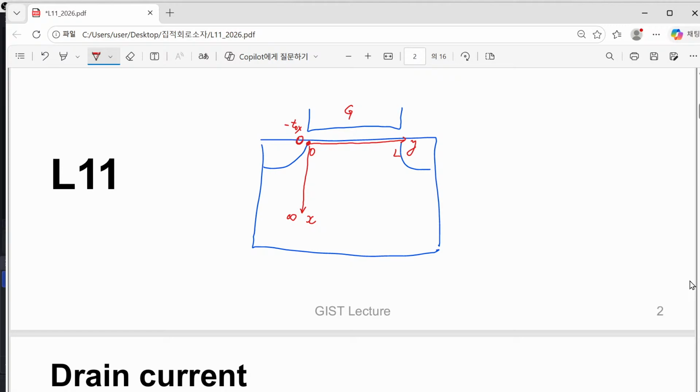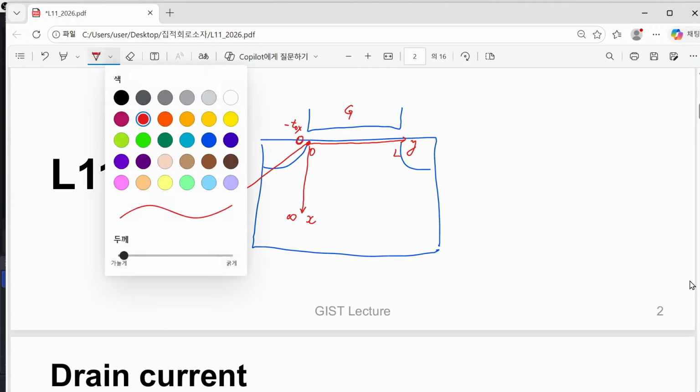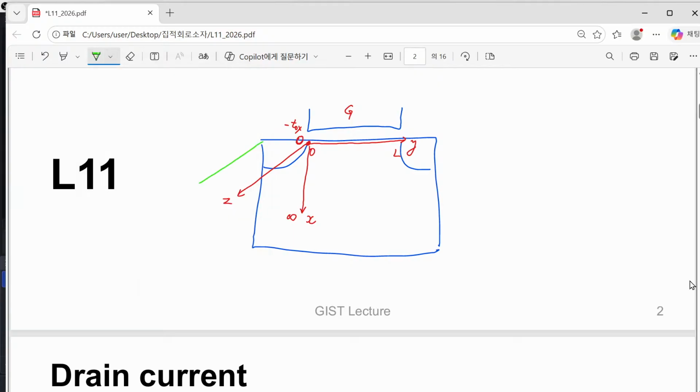Of course, this structure is really three-dimensional, so we have one missing coordinate, corresponding to this z direction: x, y, z. However, along this z direction, we assume homogeneity. If we have a one micrometer wide device, then we have just 1 micrometer. If we have a 2 micrometer wide device, then without any difficulty we can just extend it in this way.